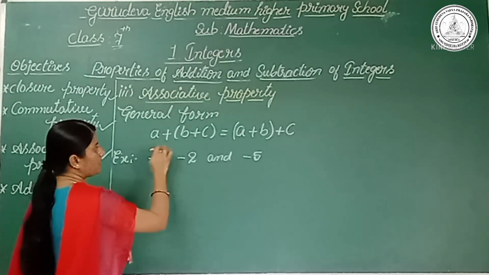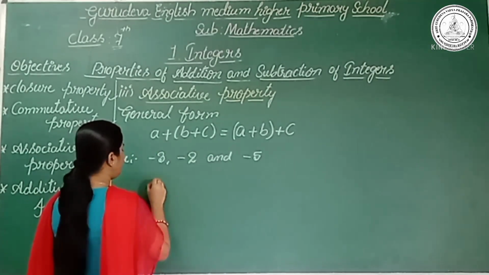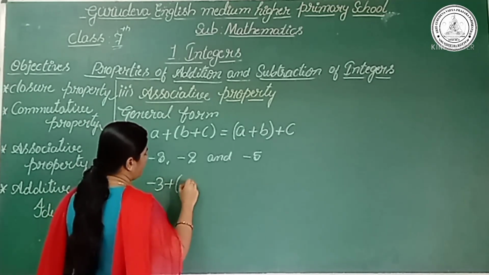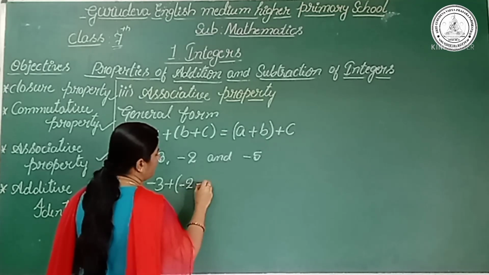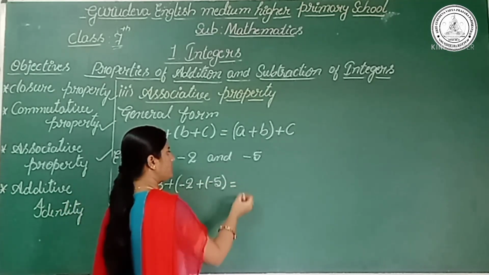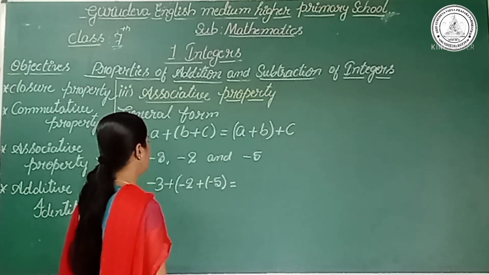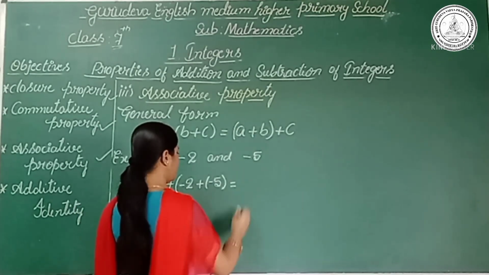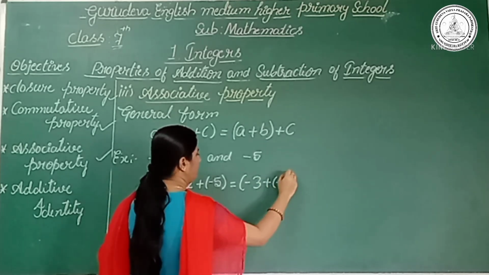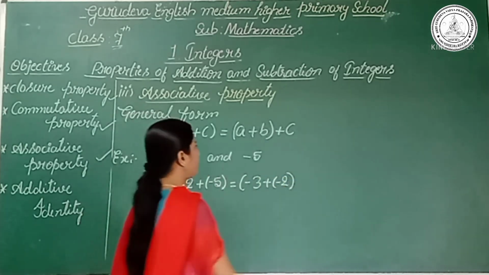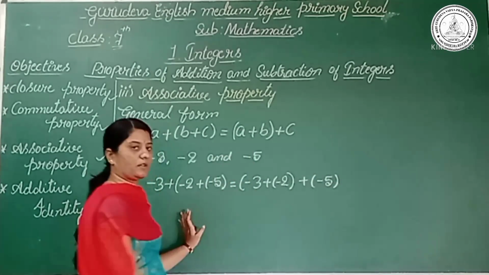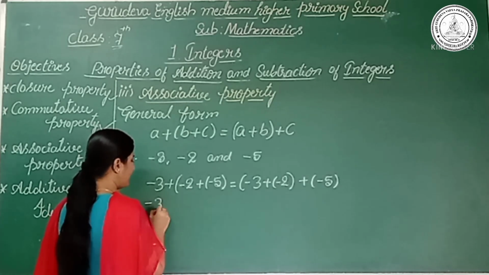Then A plus of B plus C. So A plus of B plus C means minus 3 plus of minus 2 plus of minus 5. Minus 3 write it as it is.